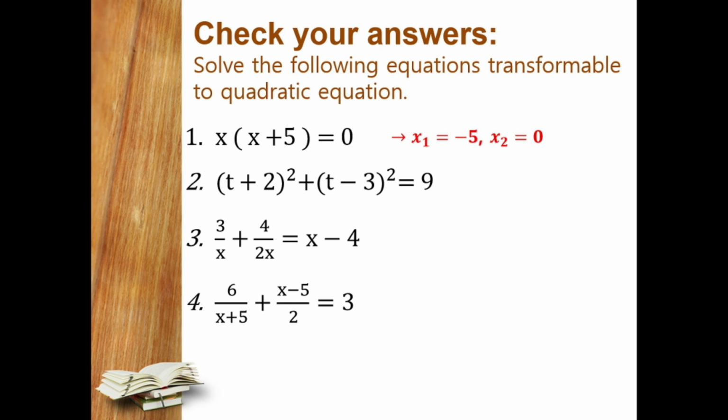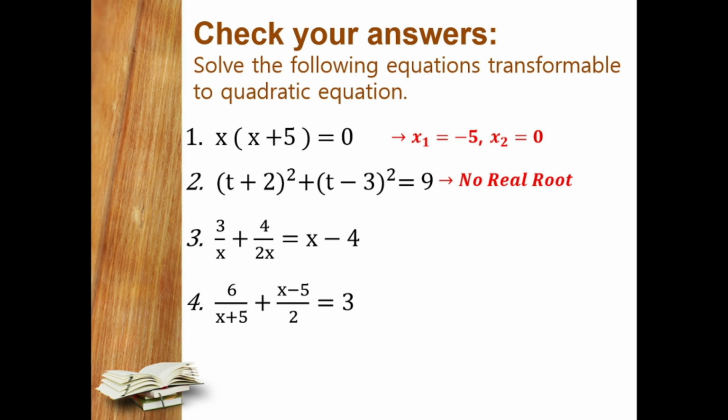How about the second equation? The square of t plus 2 plus the square of t minus 3 is equal to 9. What are the real solutions of the equation? There is no real root. Correct.